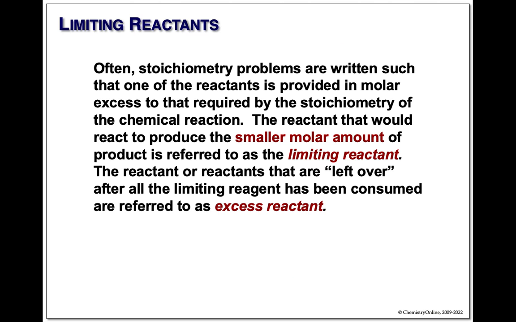But what if we only had 2 moles of bromine? The amount of product that you would get would be limited by the bromine. The smaller molar amount in a reaction is referred to as a limiting reactant. The one where you have plenty is referred to as the excess reactant.